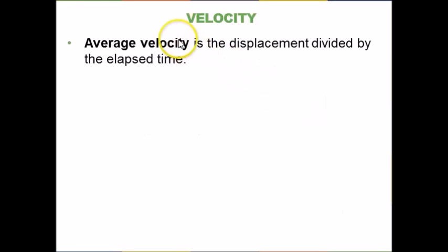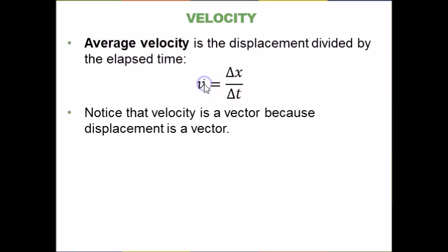Okay, so now that we have displacement and elapsed time, we can define our average velocity as being the displacement divided by the elapsed time, and there's a little bar over the v indicating that this is average velocity. So notice that this velocity is a vector because displacement is a vector and elapsed time is a scalar.